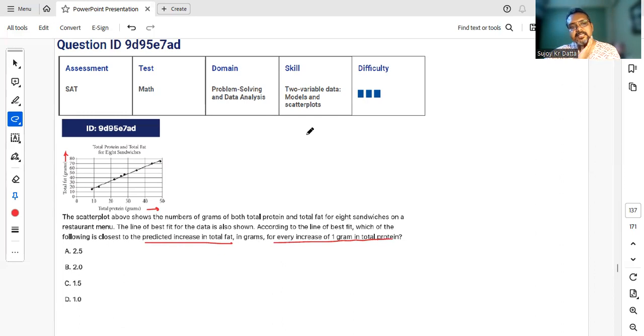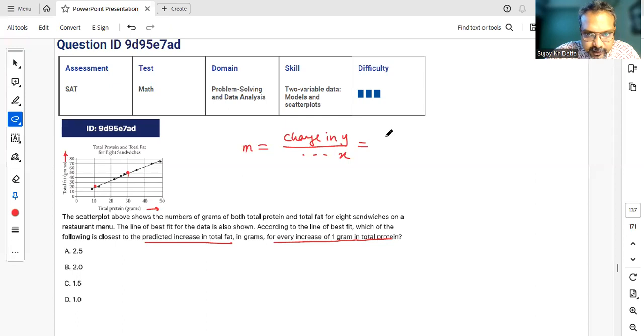So they're basically saying change in fat, which is change in Y, by change in protein per gram. So that means change in X, which means they're basically asking you for the slope. So we'll just pick 2 points and figure out what the slope is. An easy number to pick could be this one, and another could be this.